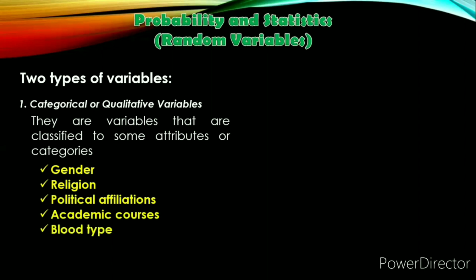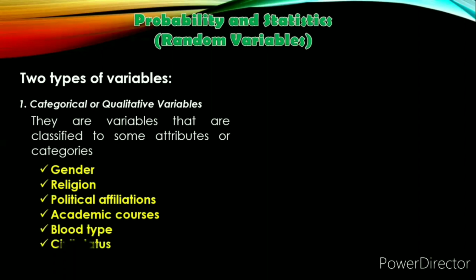There are many kinds of blood type. We have type O, type AB, and so on. This is also a good example of categorical or qualitative variables. We talk about some attributes or categories. Okay, that's categorical or qualitative variables.